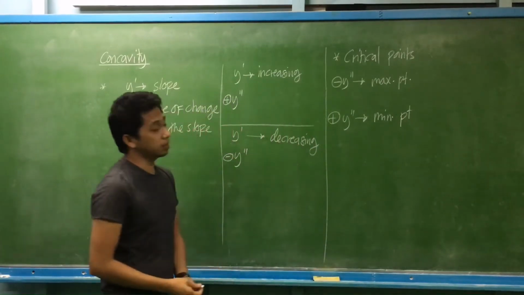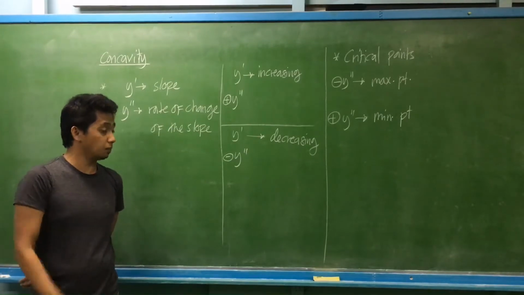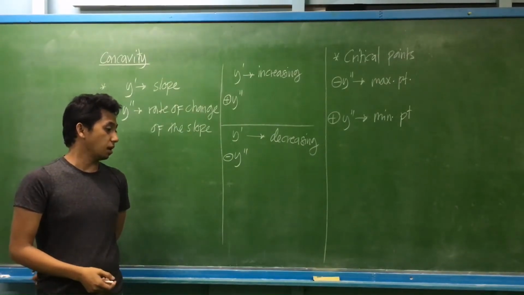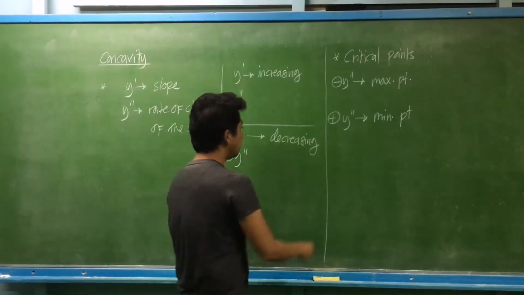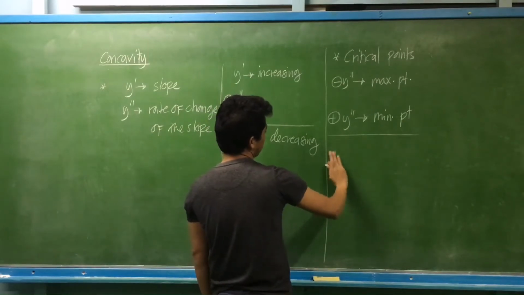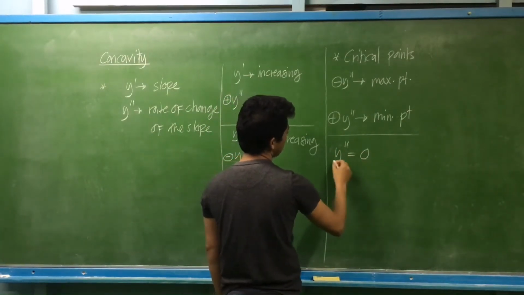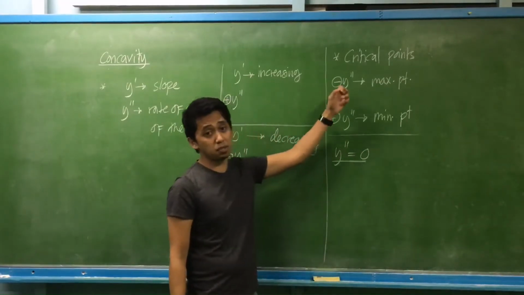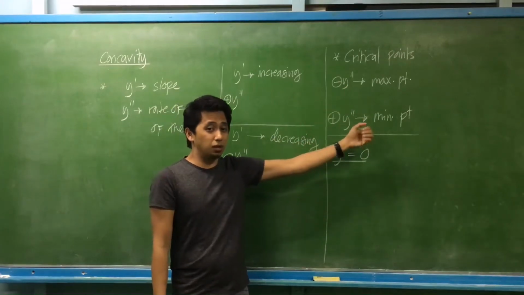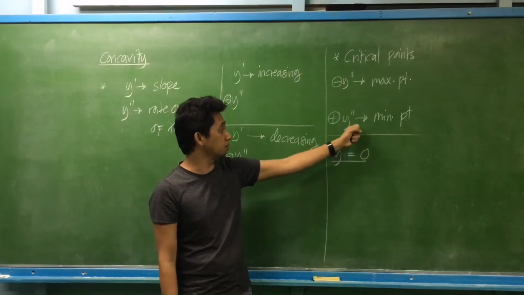So we have negative y double prime, that critical point is a maximum point, and if we have a positive y double prime, that critical point is a minimum point. So in general, take note, for it to be a critical point, y double prime should be greater than or less than 0. It should be a negative value or a positive value.